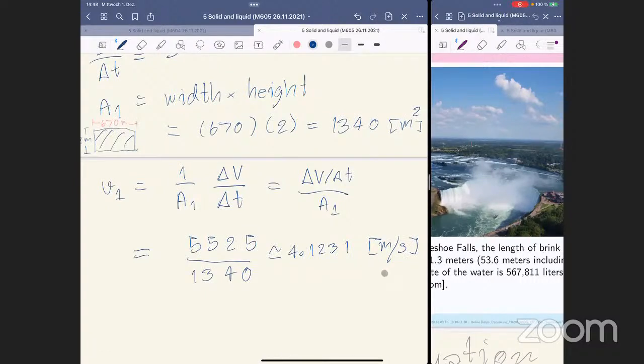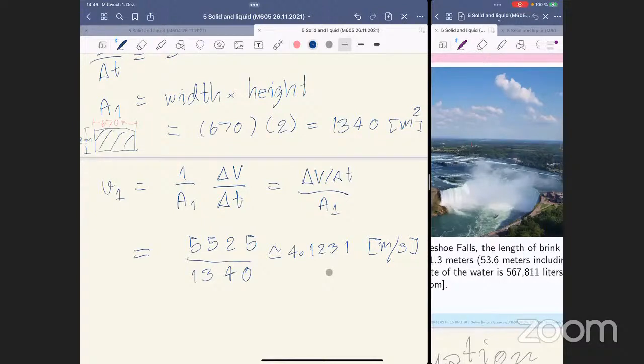And what about this value in terms of kilometers per hour? We have to multiply this value by 3.6, which gives around 15 kilometers per hour. That's like riding a bicycle at around 15 kilometers per hour.